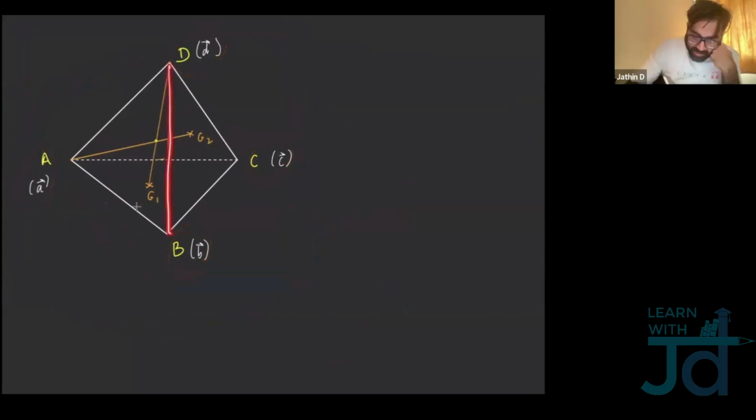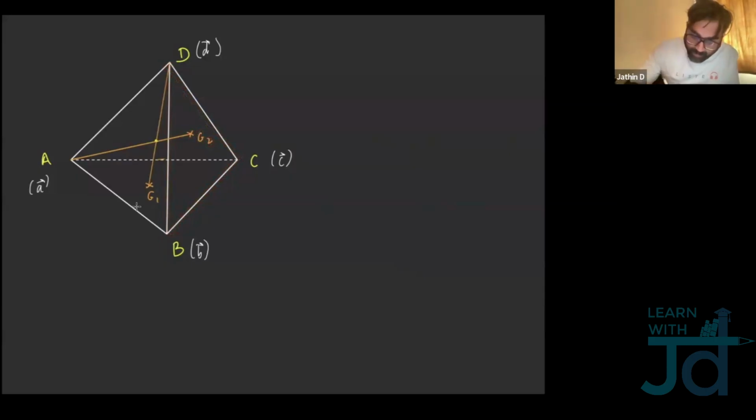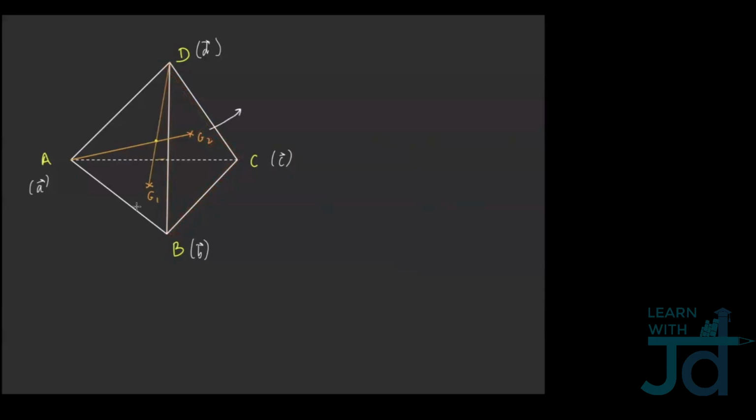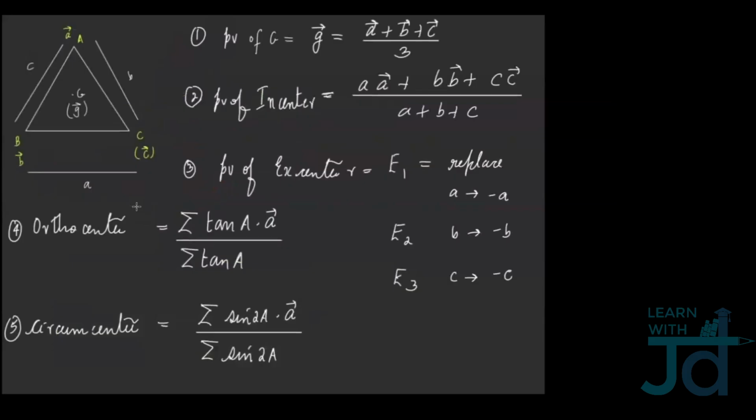Now tell me, I have marked G2 as the centroid of this triangular face. So what will be the position vector of G2? You have 3 vertices in this triangle. I just told you the centroid formula.